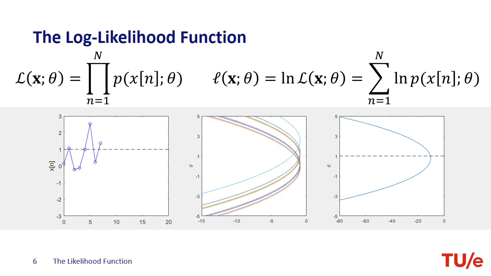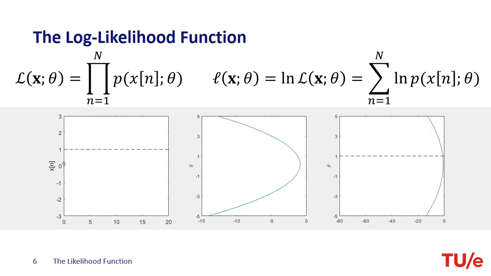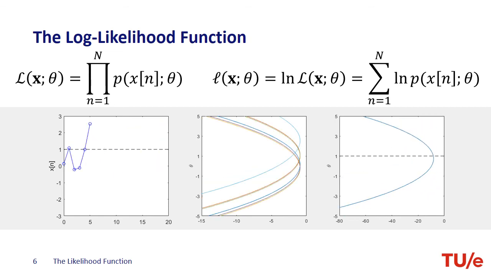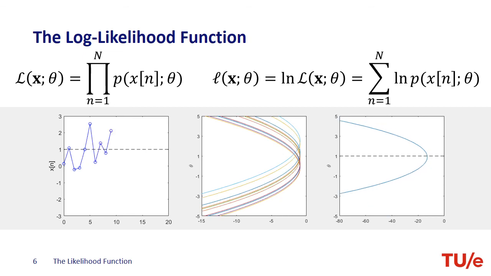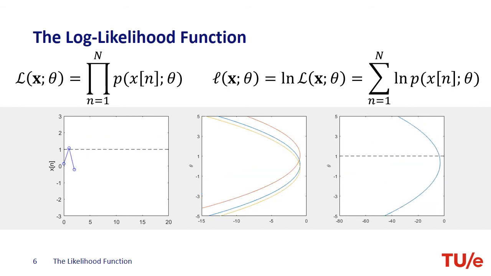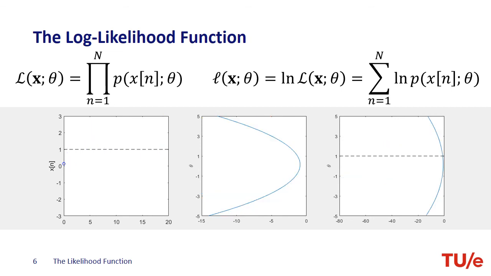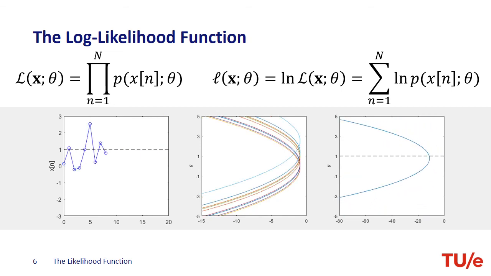The answer is depicted on the right-hand side figure. For convenience, theta equal to 1 is marked on the figure. You can observe how the likelihood function sharpens and the peak converges to theta equal to 1. This figure shows the principle of the maximum likelihood estimator, which gives the peak of the likelihood function as the estimate for the parameter theta. You can find more on the maximum likelihood estimator in the lecture notes.